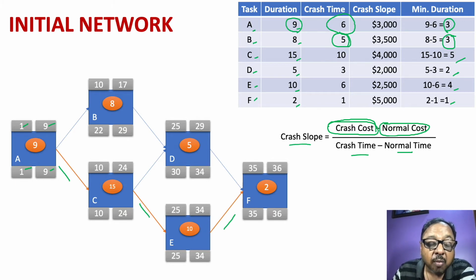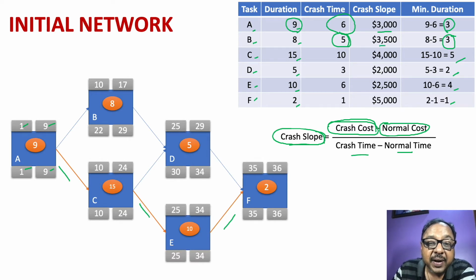So crash slope is essentially the amount of money I require for reducing 1 unit of duration from a particular task. I repeat myself, crash slope is the amount of money I require for reducing 1 unit of time from a particular activity. What I've given to you here is that the crash slope for every activity is provided. Crash slope of activity A is $3,000.